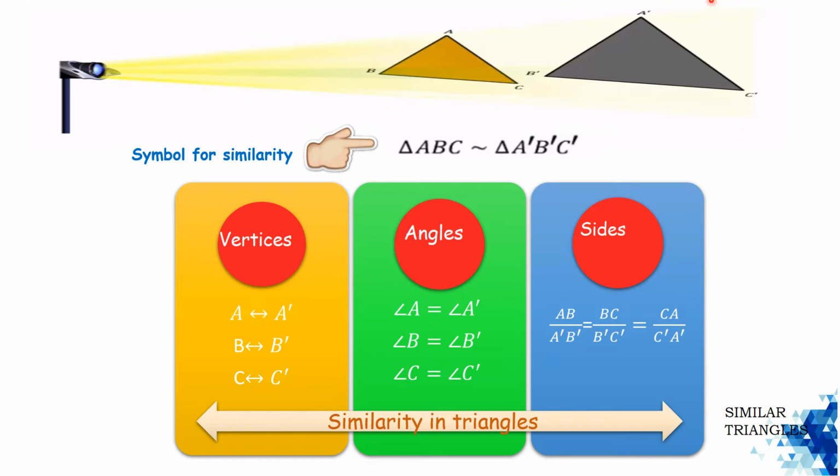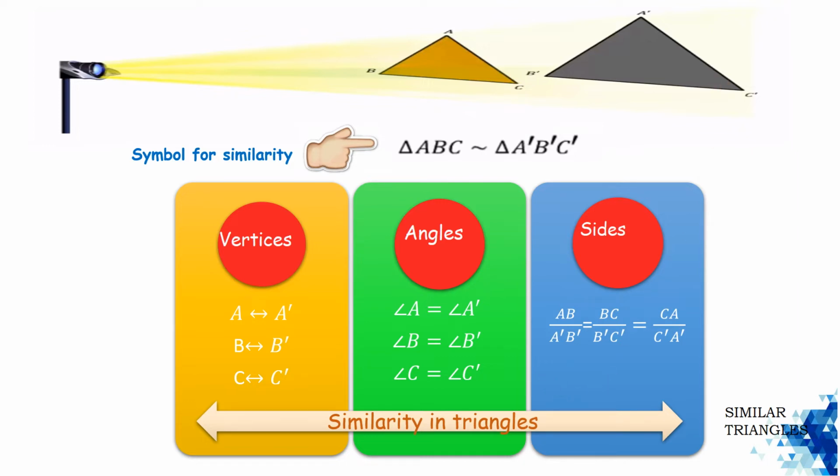Similarly, if I find the ratio between all the corresponding sides, I will get a constant number. That is AB with A dash B dash, BC with B dash C dash, and similarly AC with A dash C dash. If I find the ratios of all the corresponding sides, I can see that the ratio is a constant number and all the ratios are equal.